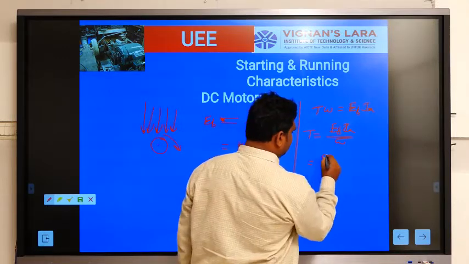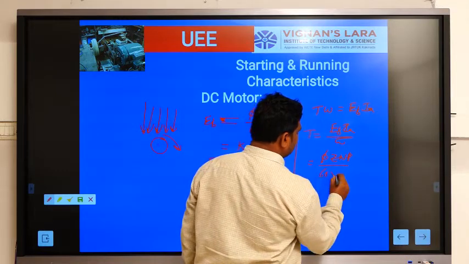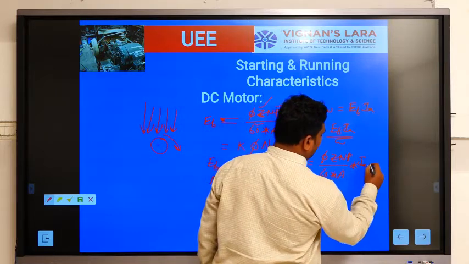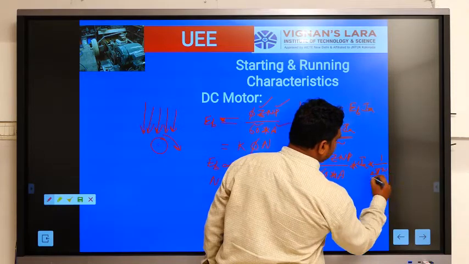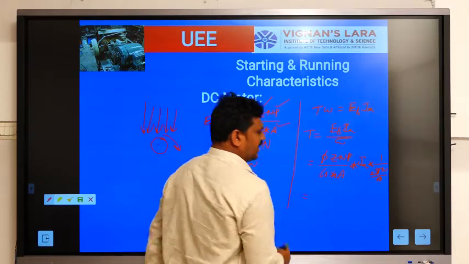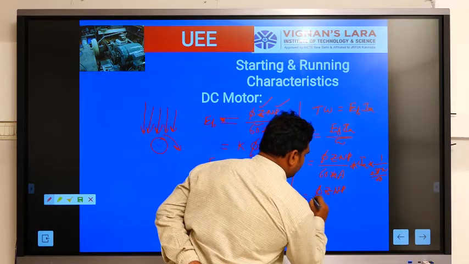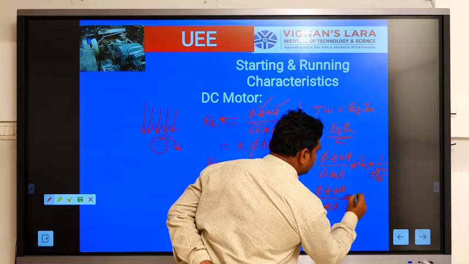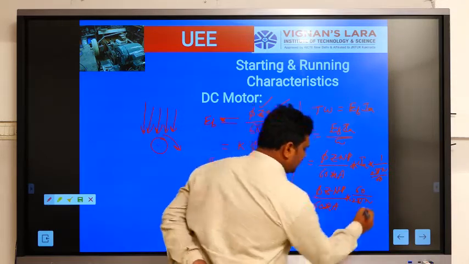Now EB means phi Z N P by 60 A, into IA, into 1 by 2 pi N by 60. Then the equation will be phi Z N P by 60 A into 60 divided by 2 pi N into IA.